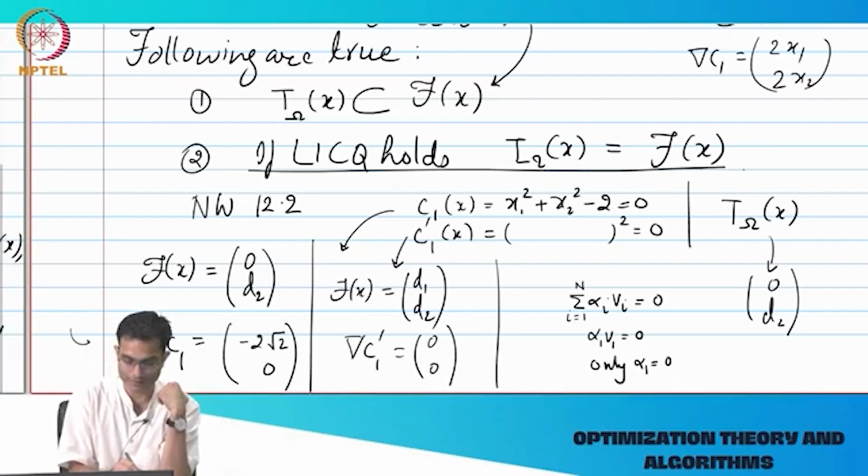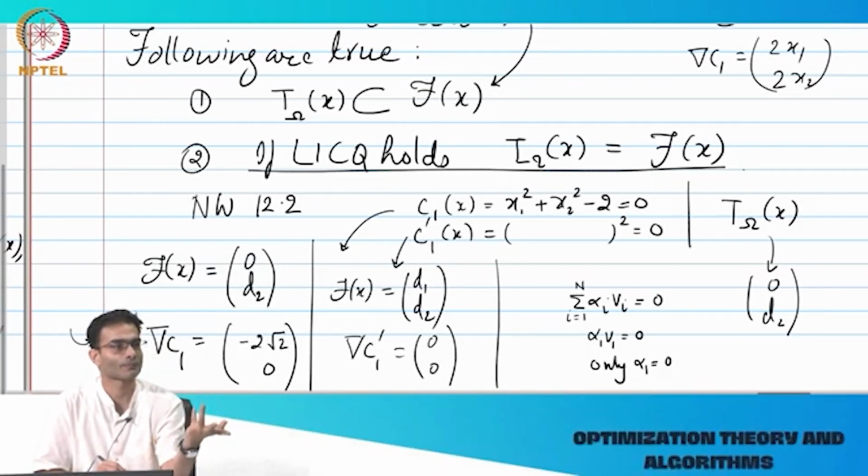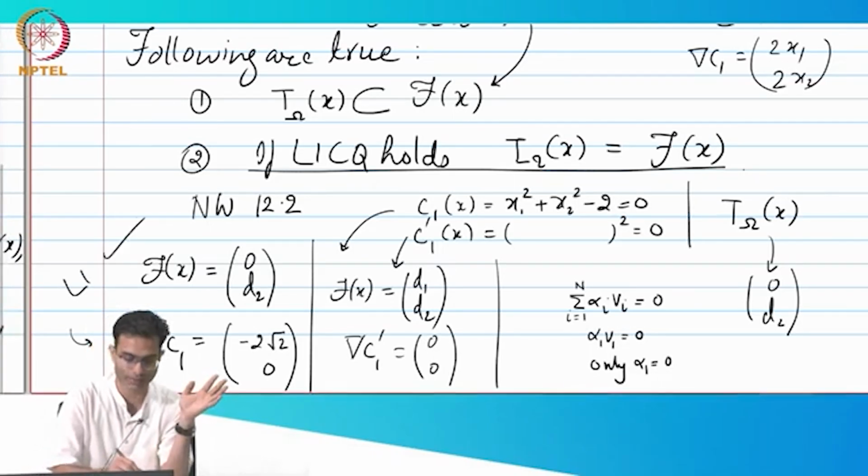Now this is my set of one vector. Minus 2 root 2, 0 is in one set. Is it a linearly independent set? It is, because the only case in which alpha 1 times grad C1 equal to 0 is going to happen only when alpha 1 equal to 0, right? So this passes the LICQ test.